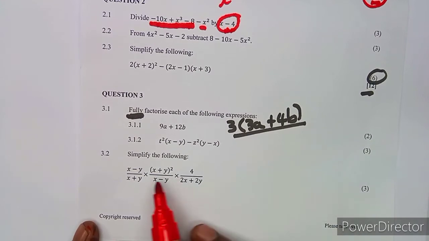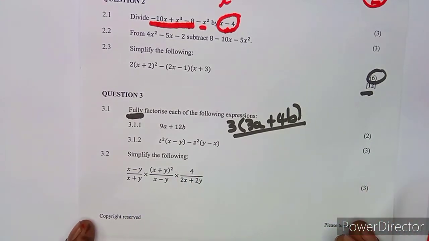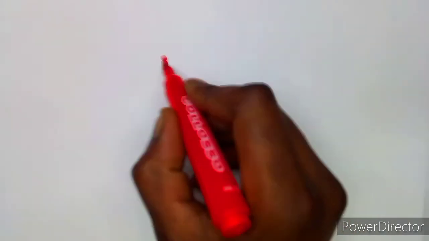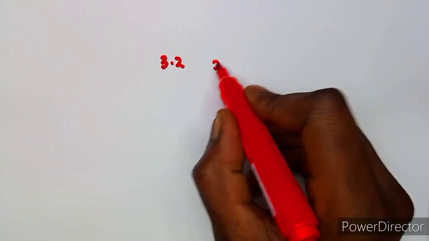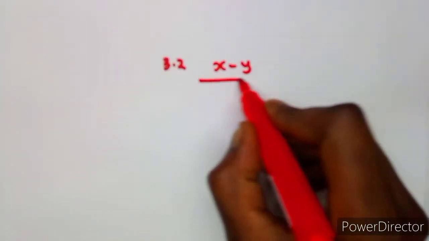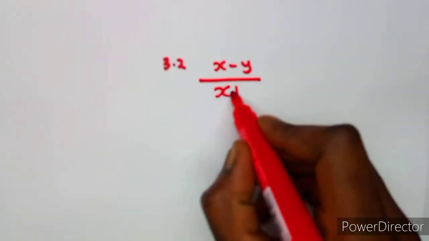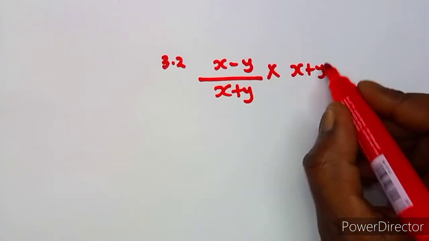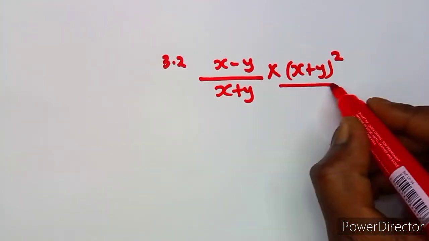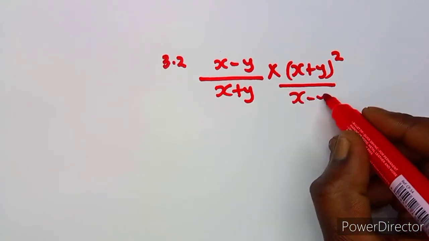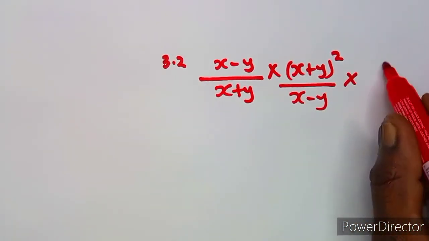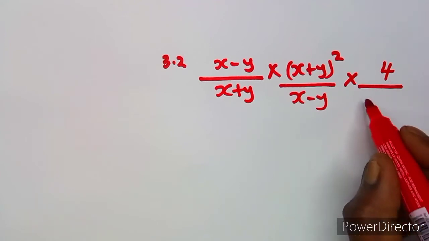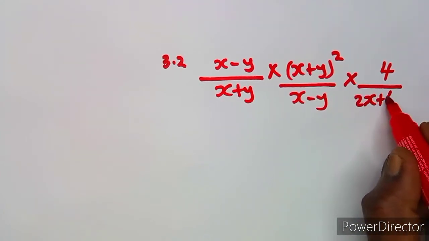Simplify the following. We are given a certain expression that you're asked to simplify. So let's quickly look at expression 3.2. We are given x minus y, everything over x plus y, multiplied by x plus y squared, everything over x minus y, multiplied by 4 over 2x plus 2y.